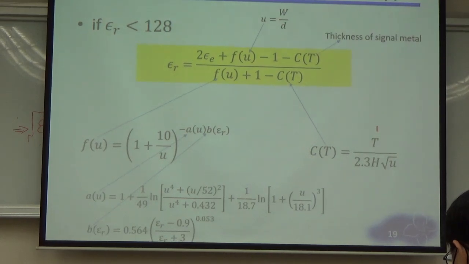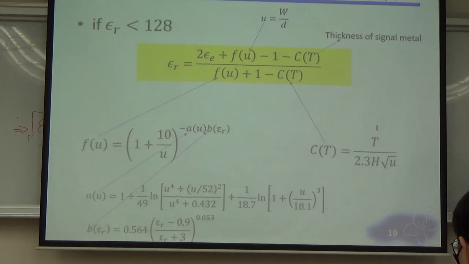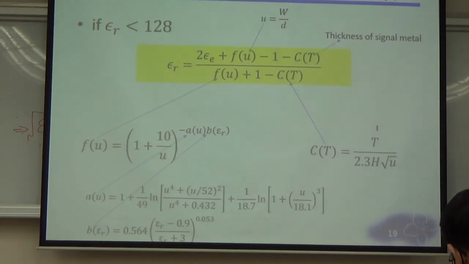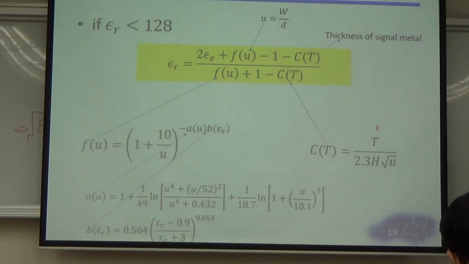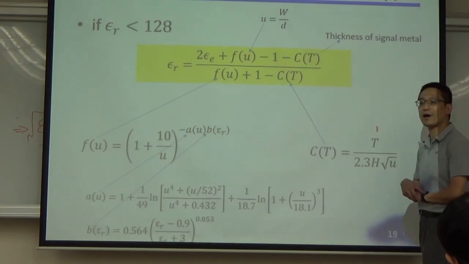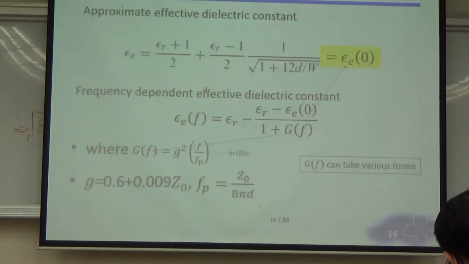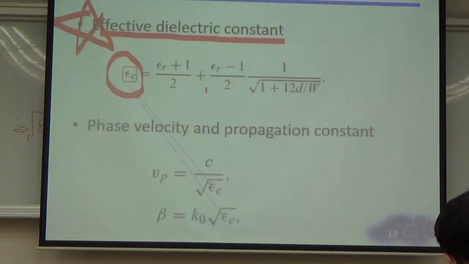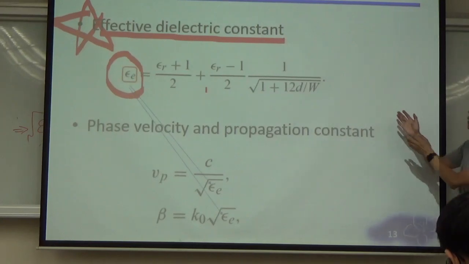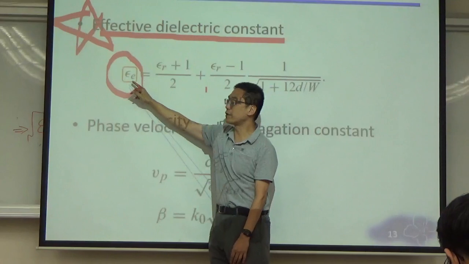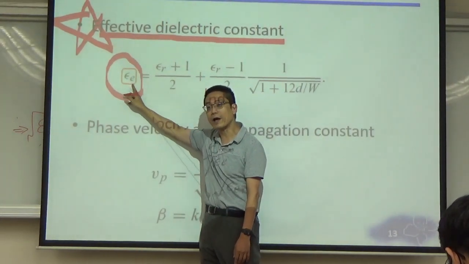Okay. And the last page is when you measure epsilon E, how to obtain epsilon R. At the beginning, you have epsilon R, you have geometry, you have epsilon E for a low frequency, right?